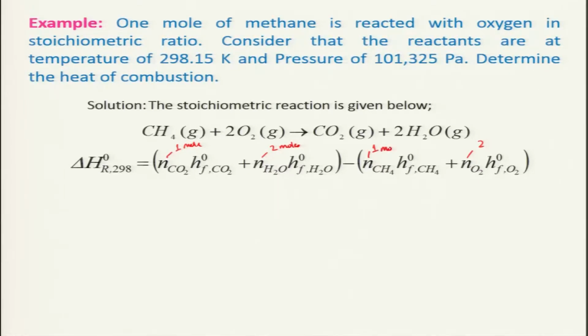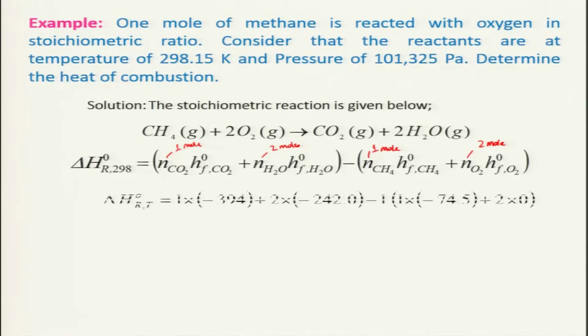Now it is known, and once you know this, you get the respective heats of formation from the table I showed you earlier. You will find the heat of formation for carbon dioxide is 394 kilojoule per mole.